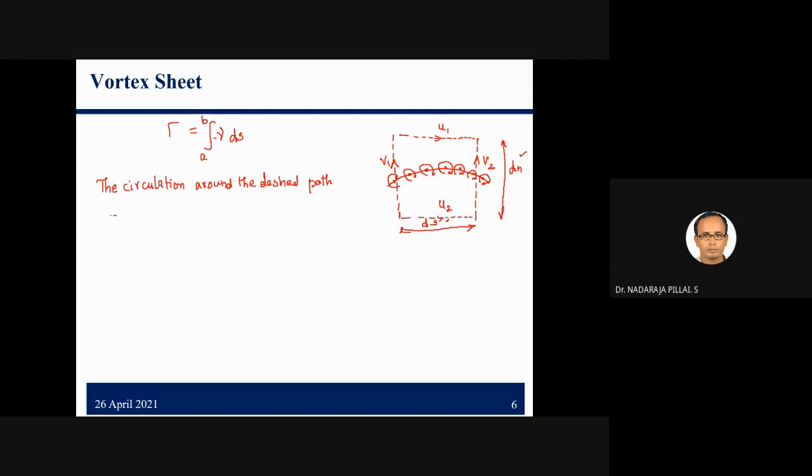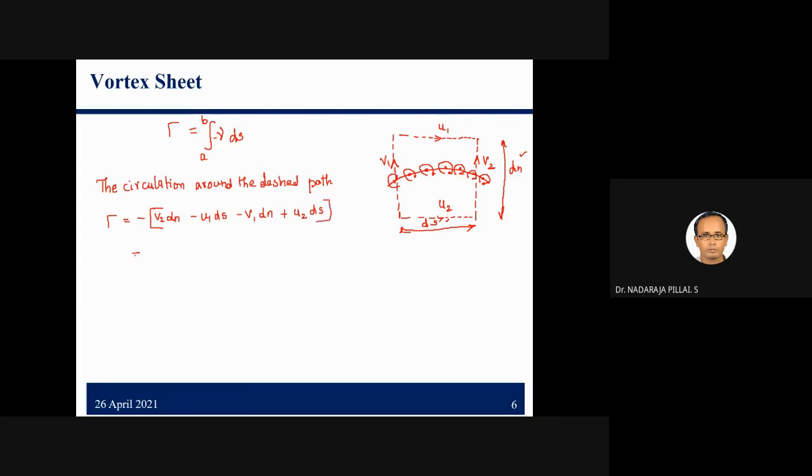So let us write gamma is equal to minus, I start from v2, so v2 into dn, minus u1 into ds, minus v1 into dn, plus u2 into ds.